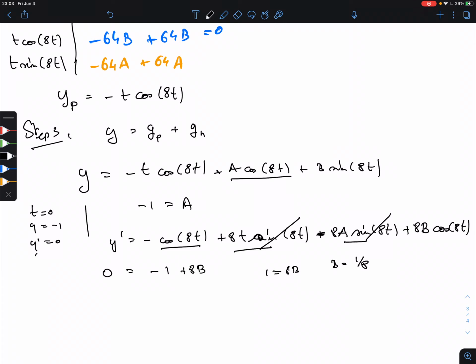So our solution is y equals minus t cosine 8t, minus cosine 8t plus 1 over 8 sine 8t. And I just want to double check that this is what it's supposed to be. These numbers always come out wrong. Since it's very easy to make mistakes like that, I'm not going to penalize you for this kind of mistake.